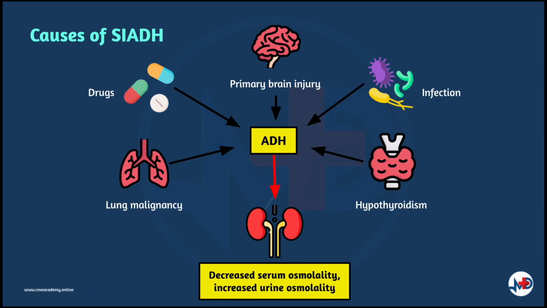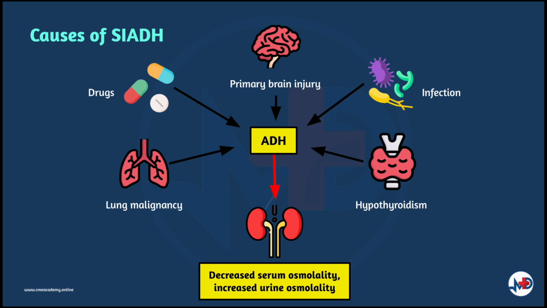There are various causes of SIADH. Primary brain injury such as meningitis or subarachnoid hemorrhage can be reasons for SIADH to develop. Besides that, drugs such as carbamazepine, SSRIs, amitriptyline and morphine could precipitate the development of SIADH. Lung malignancy such as small cell carcinoma can also stimulate release of ADH causing SIADH.